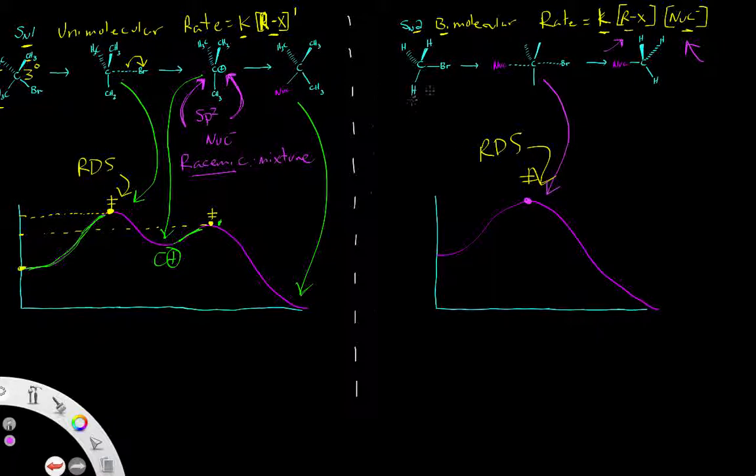And remember, by the way, when we started, we had a nucleophile, and it came in from this side right here. And I'm specifically showing it coming in from this back side of the molecule.